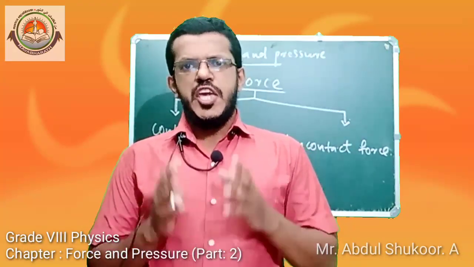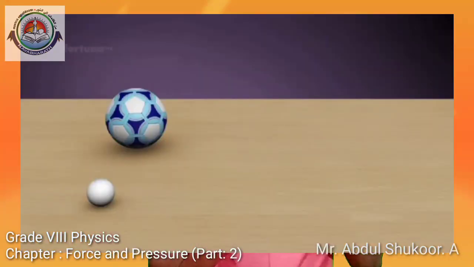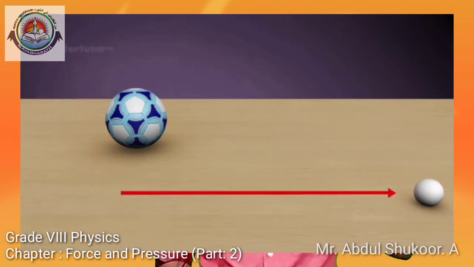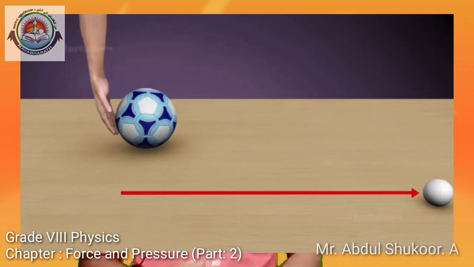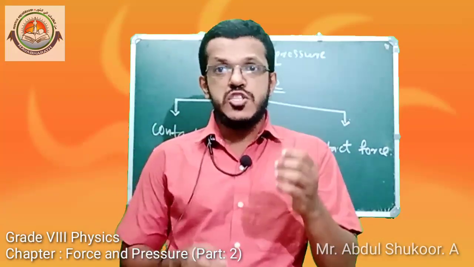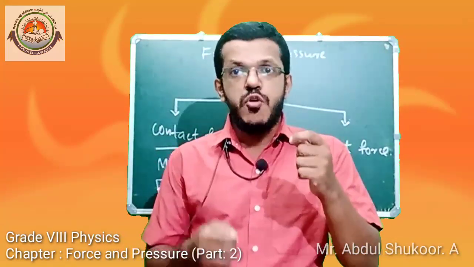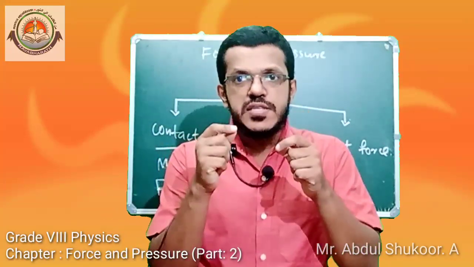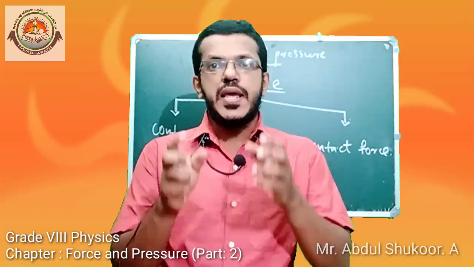Consider a ball rolling on a floor. That ball rolling along the floor gradually slows down and finally comes to rest. Another example: when we stop pedaling a moving bicycle, it gradually slows down and finally comes to a stop.